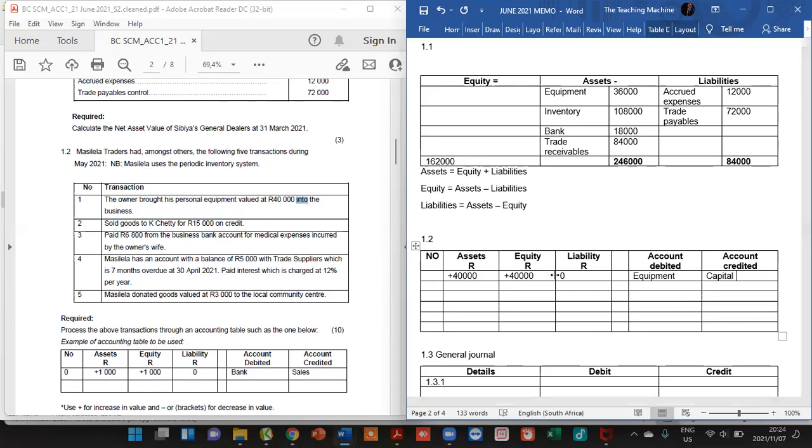If you're not sure about the effect on the accounting equation, just check if your equation balances. With this one, we are 100% sure that everything was done correctly because we have 40,000 on the debit side and 40,000 on the credit side. The double entry system and the accounting equation balance.